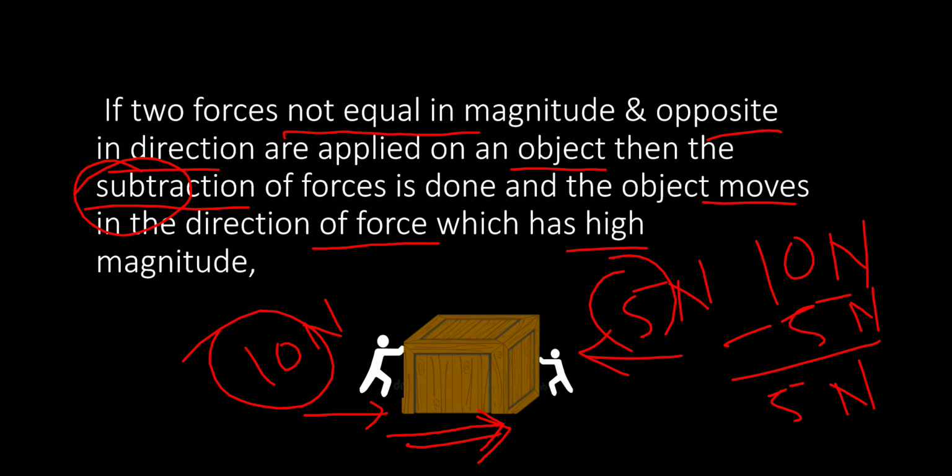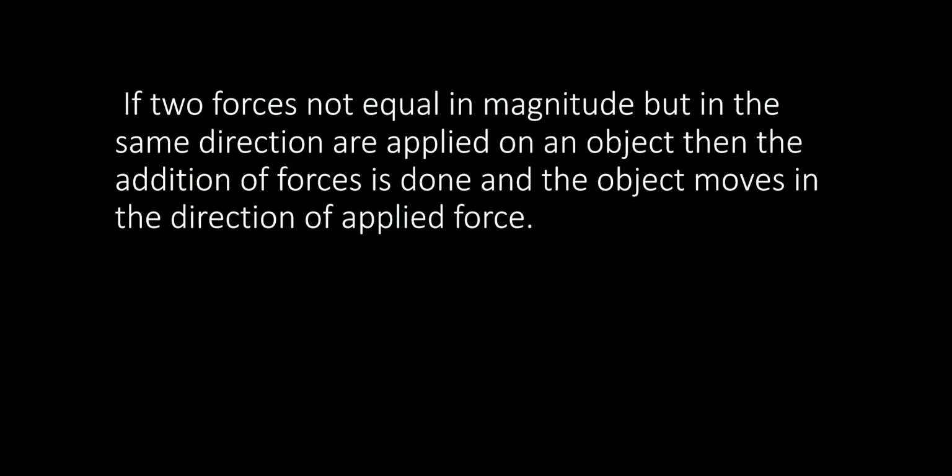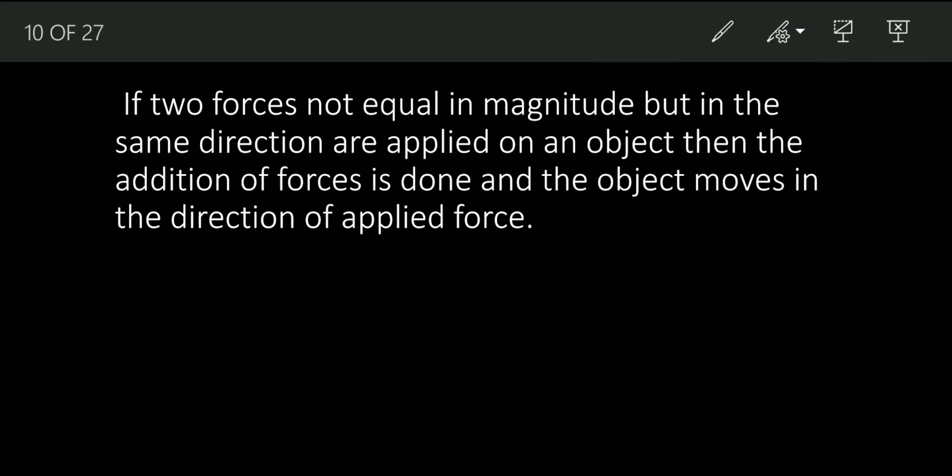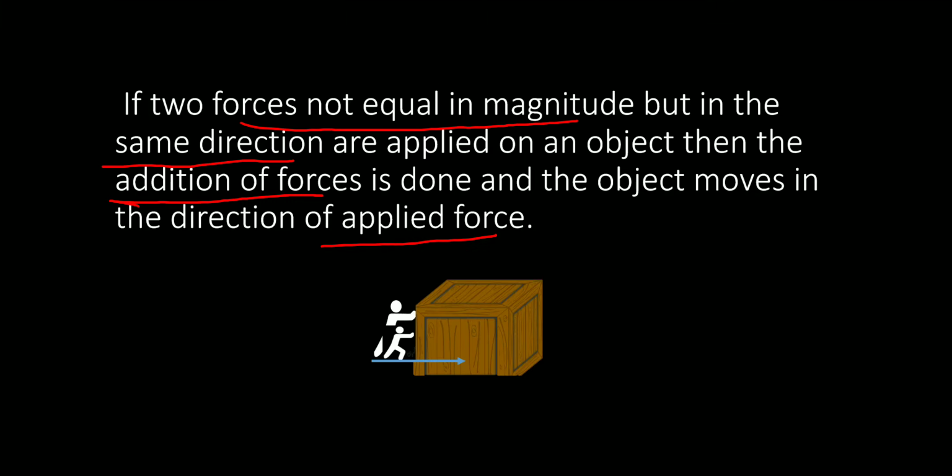Okay. Now take one more example. Now two forces not equal in magnitude but applied in the same direction. Then in such cases we add the forces and the object moves in the direction of the applied force. Now see, there is an object.